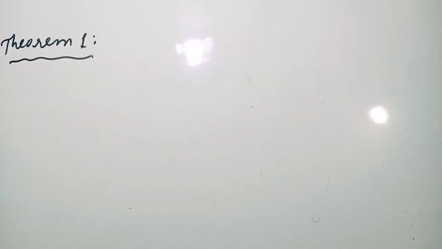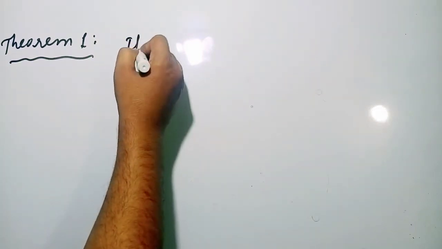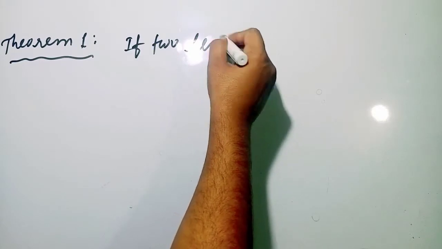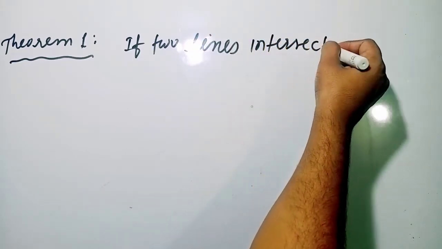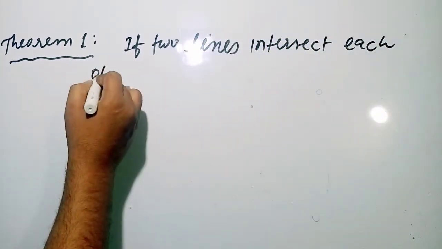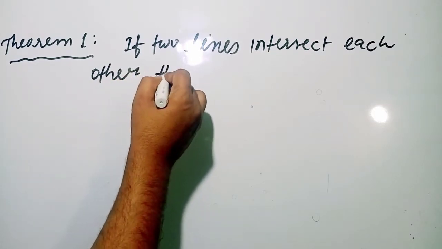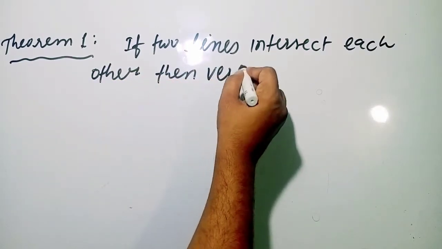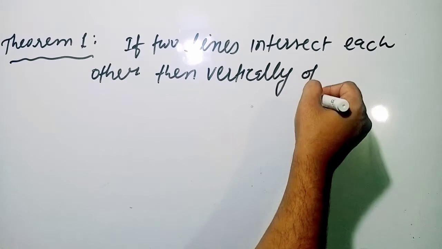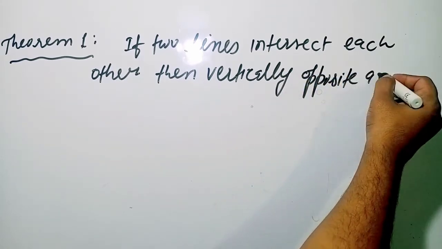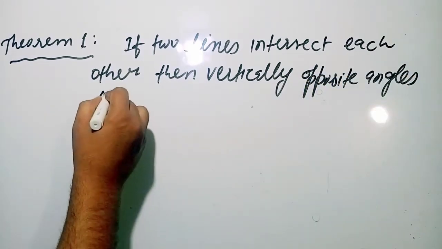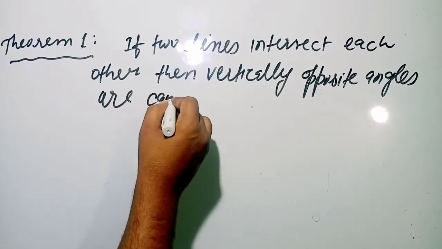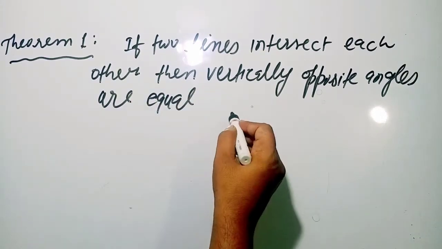Okay, next we are discussing theorems. In this theorem, if two lines intersect each other, then vertically opposite angles are always equal, right?